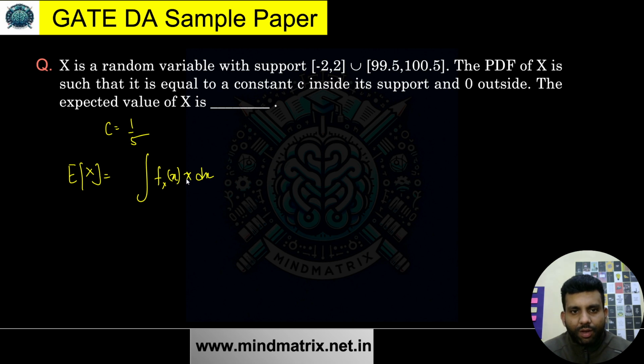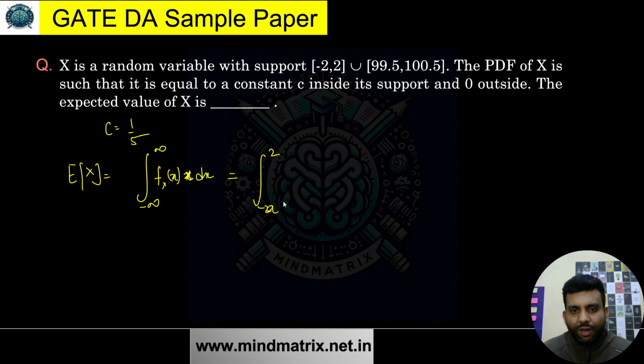This is x, basically density function into x, and then you integrate it over the range you are having, basically minus infinity to infinity. And we know that the density function is going to be 0 for the range outside the one mentioned over here, so I won't be thinking about that. So I will be just calculating it within the range we are having only. So if you remember, this was equal to c, which was 1 by 5 within this given range.